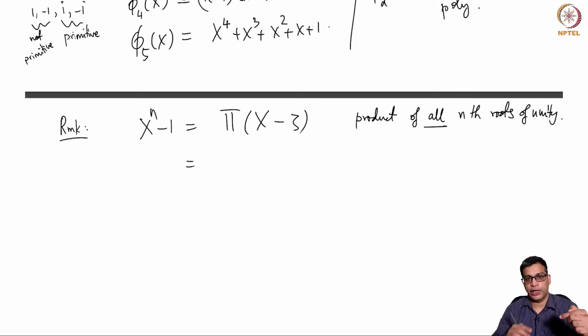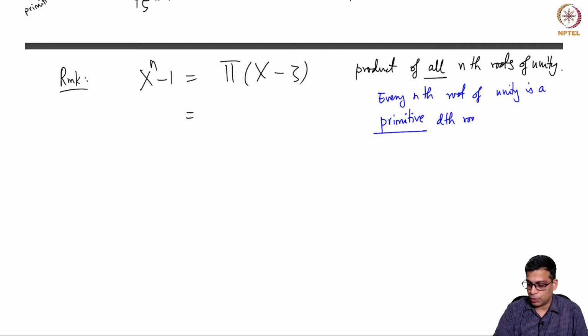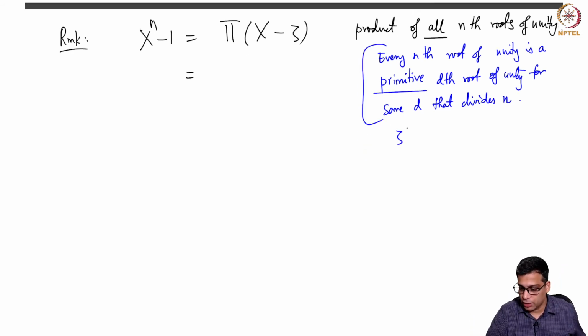But every nth root of unity is a primitive dth root of unity for some d dividing n. Right? Because you simply look at the least d.